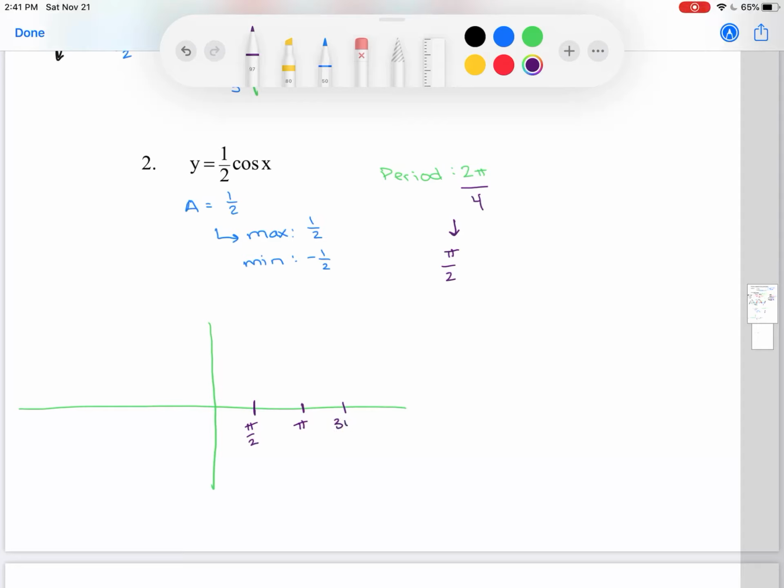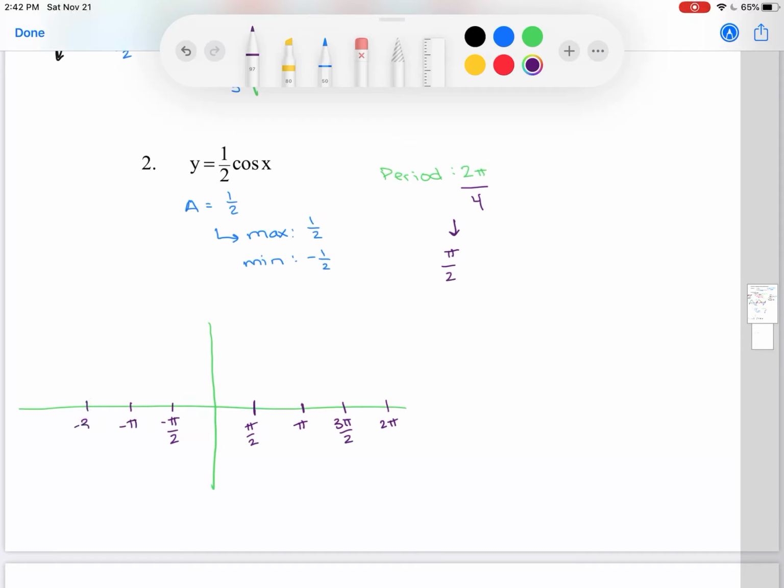So the first coordinate is going to be at pi halves. If I move another pi halves, that's going to put me at pi. The next half of a pi is going to be 3 pi over 2. And the following half of a pi will give me 4 pi over 2, which is just 2 pi.